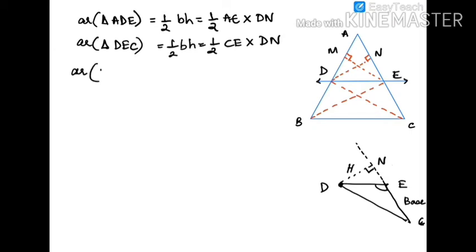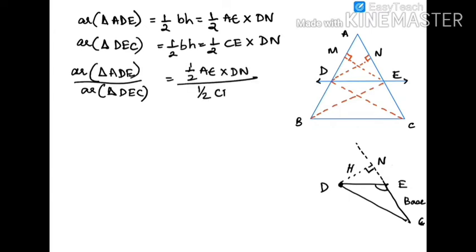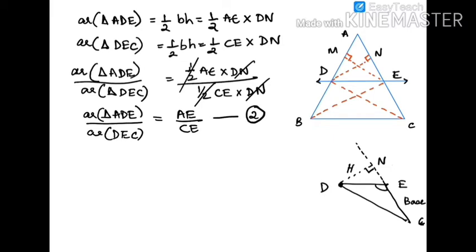Taking the ratio of areas of these two triangles, area of triangle ADE divided by area of triangle DEC is equal to half AE into DN divided by half CE into DN. We can cancel the equal quantities, so we get AE upon CE. Mark this as 2.